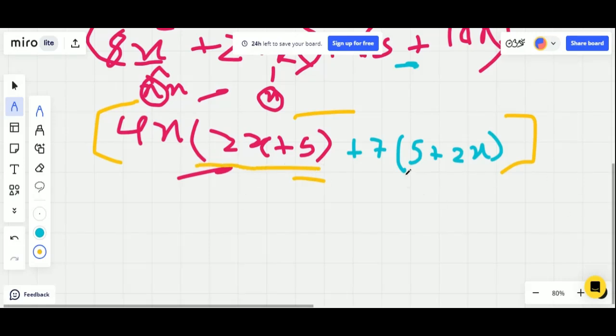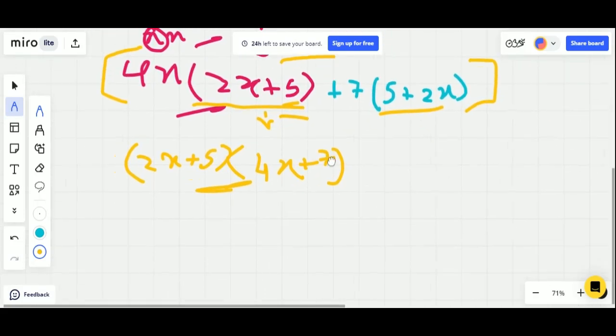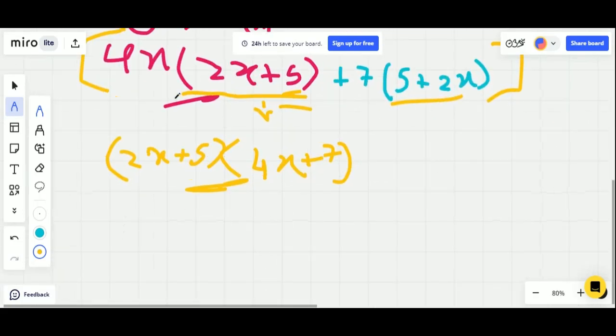So this and this are common: 2x plus 5 and 5 plus 2x is the same. So let's take them as common, 2x plus 5, and multiply that with 4x plus 7. Don't stop here. Find more common factors and group them again, and then you'll get the factorized form, which is 2x plus 5 into 4x plus 7.